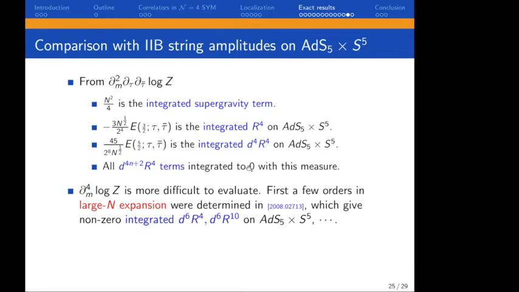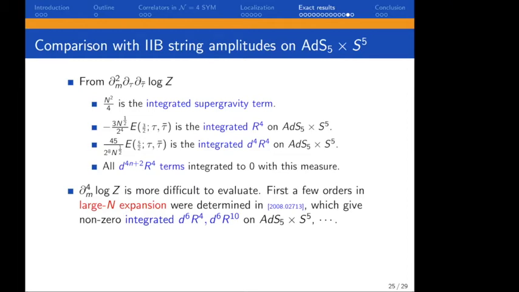Another thing one notices is that for this particular integrated correlator, D6 R to the 4 doesn't appear. Namely, when I integrate D6 R to the 4 over this choice of measure, it gives 0. It's just a fact, and it's fine.